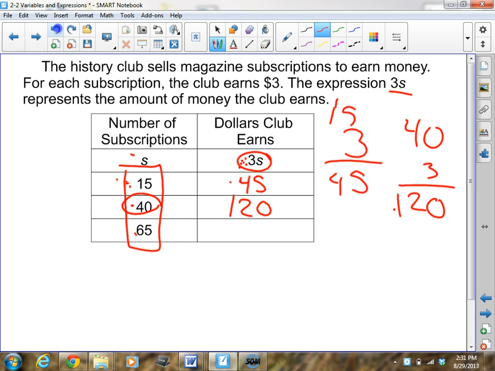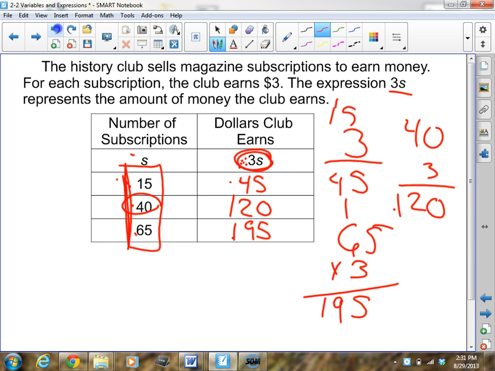If they sold 65 subscriptions, they would get $195. Because all I did is use this expression right here and use my variables and then solve. So this tells us how much they could earn depending on how many subscriptions they sell.